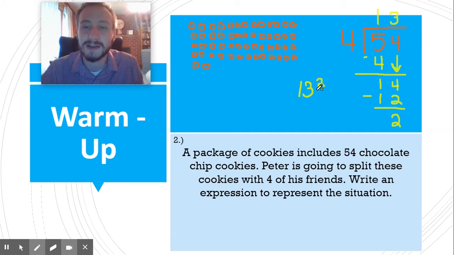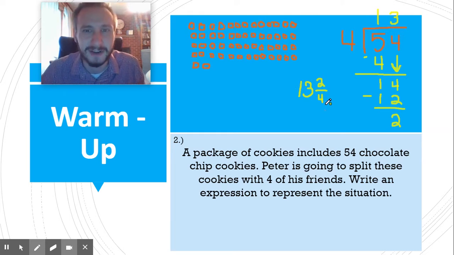You write a 2 up top. You take your divisor, your 4, there's 4 friends. And now we have a fraction. 13 and 2/4. So that means every friend can get 13 cookies and 2/4 of a cookie.